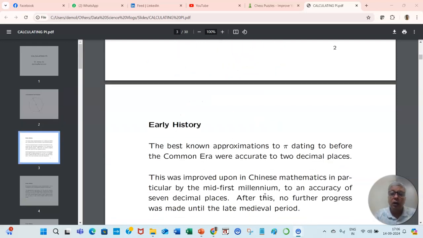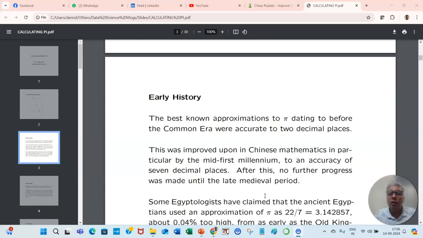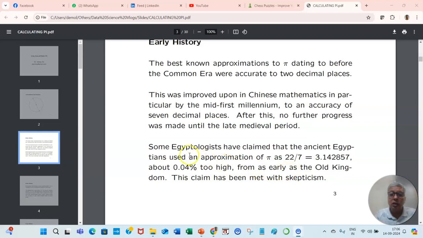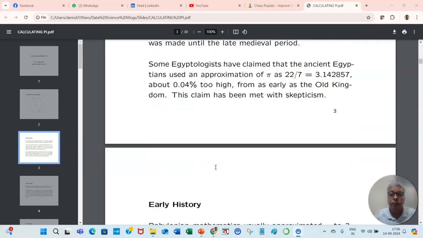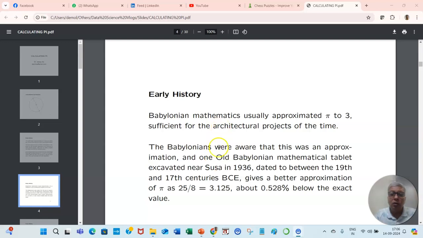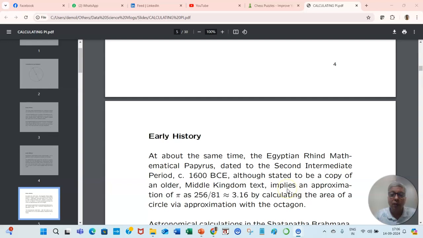So starting with early history, there are mentions of Chinese mathematicians. Egyptologists say that Egyptians approximated pi as 22 by 7, which is 3.142857, 0.04% high over the true value. Then Babylonians used 25 by 8 as the approximation of pi, which is 0.528% below the exact value.